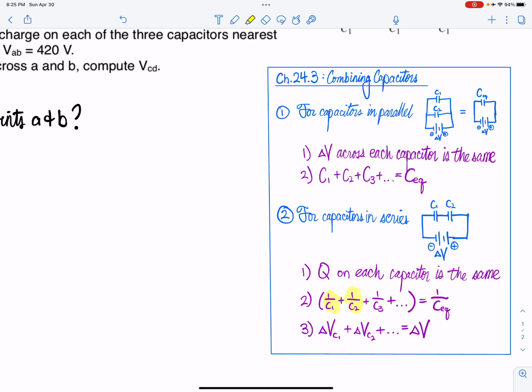And lastly, the potential difference for this circuit is the sum of each capacitor's potential difference, so the voltage at C1 plus the voltage at C2 is equal to the total delta V.